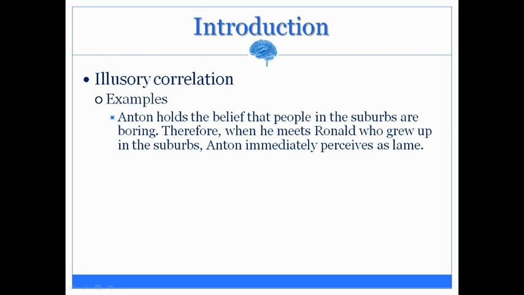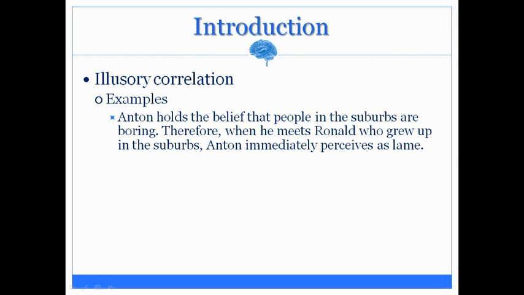So here's an example of an illusory correlation. Anton holds the belief that people in the suburbs are boring. Therefore, when he meets Ronald, who grew up in the suburbs, Anton immediately perceives him as being lame. Okay? As you have this illusory correlation between the suburbs and lameness, that people who live in the suburbs are boring, you tend to see the world through that relationship.